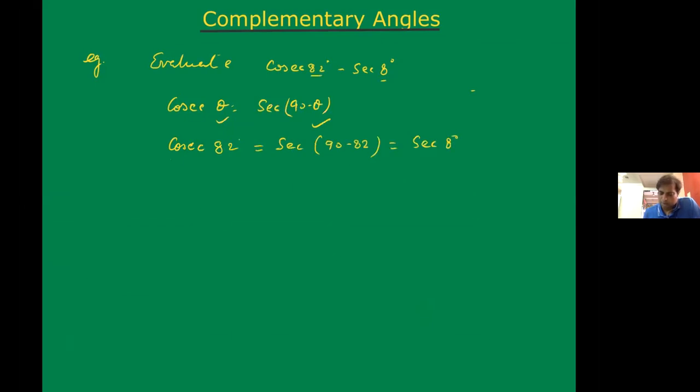So cosec 82 equals sec 8. I can put that value into our main question: sec 8 degree minus sec 8 degree, which is already there. So this becomes 0. This is the way we need to use this logic in our question.